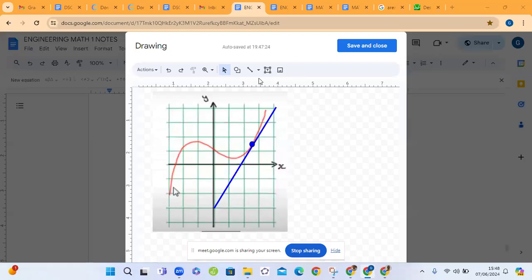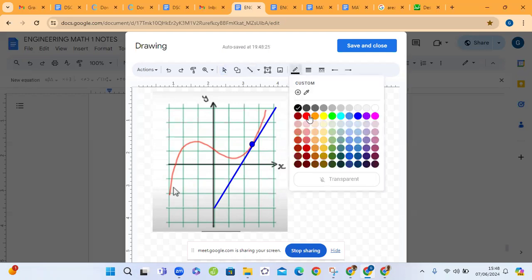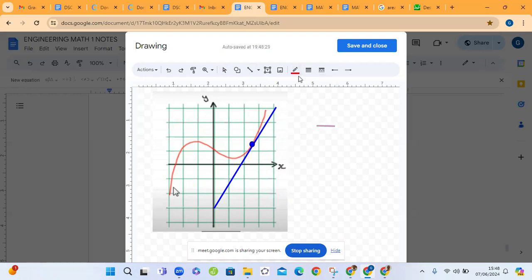So now to get the gradient of that line, we have to increase x by 1. So what we need to do is to identify somewhere on that line to start easily, and we can easily start here, right there.